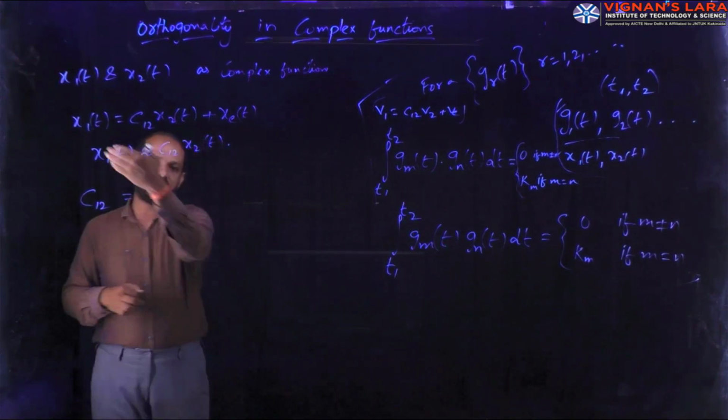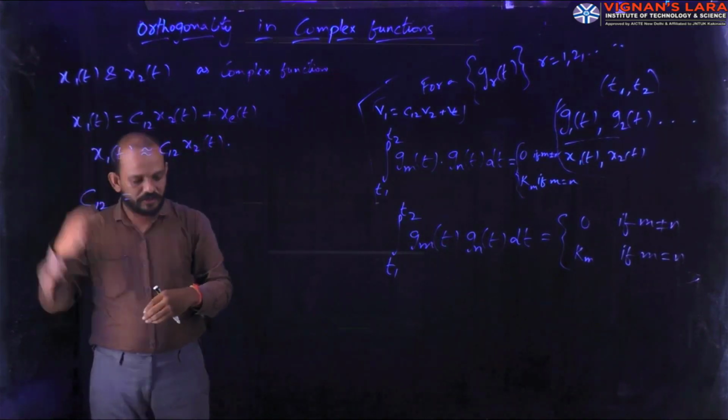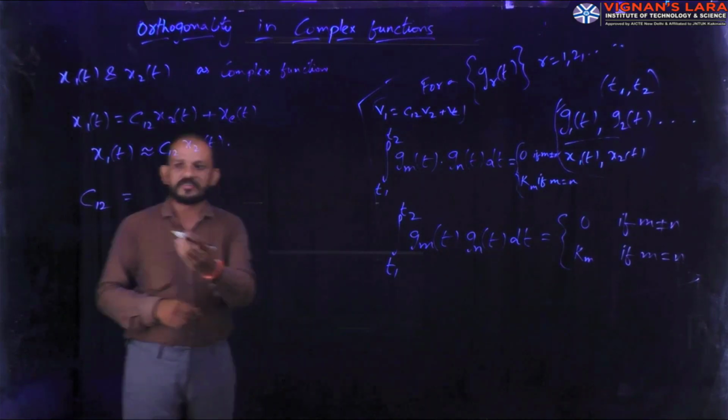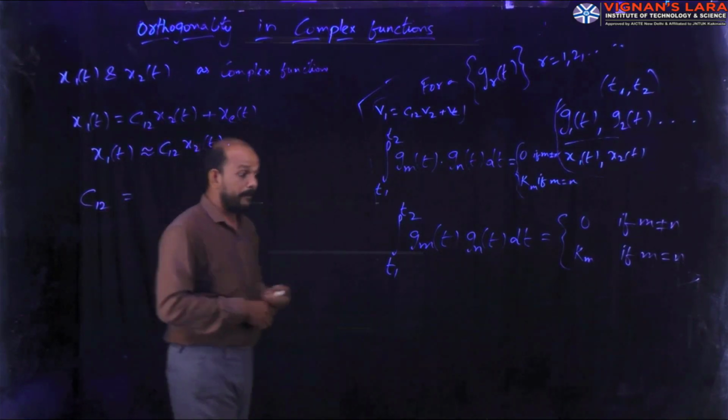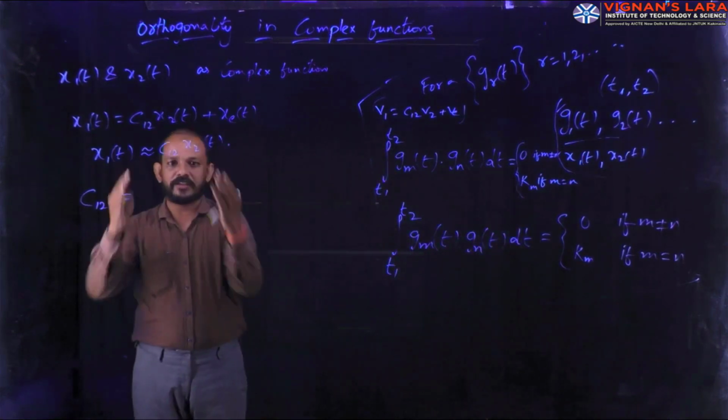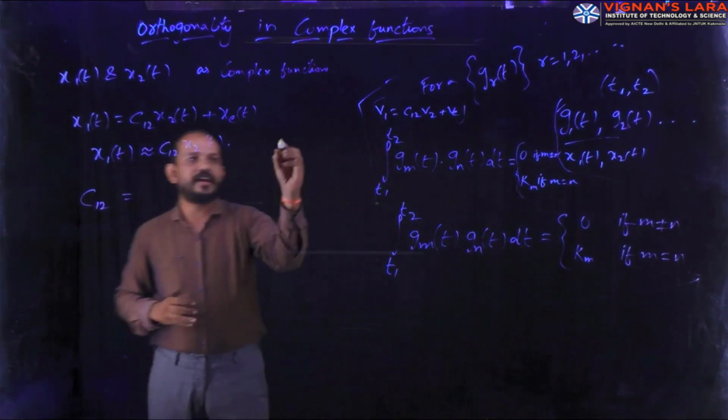I went through the derivation for real valued functions, so the same thing is done here also. I will give the answer as c12 for minimum error. Error should be minimum; only then is the approximation perfect. To get the perfect approximation, the error should be minimum.